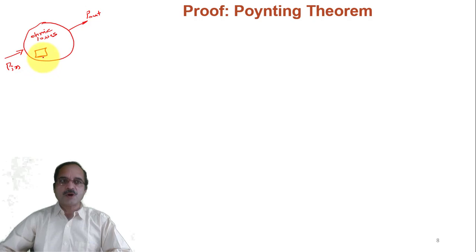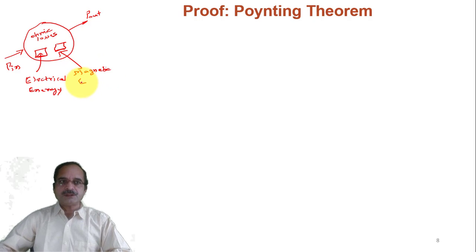Some part of this power is stored inside this volume in the form of electrical energy, stored in electric fields. Whereas some part of this power will be stored in the form of magnetic energy, stored in the magnetic fields.